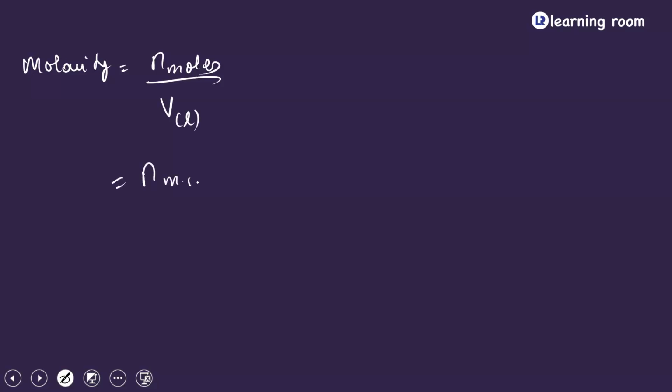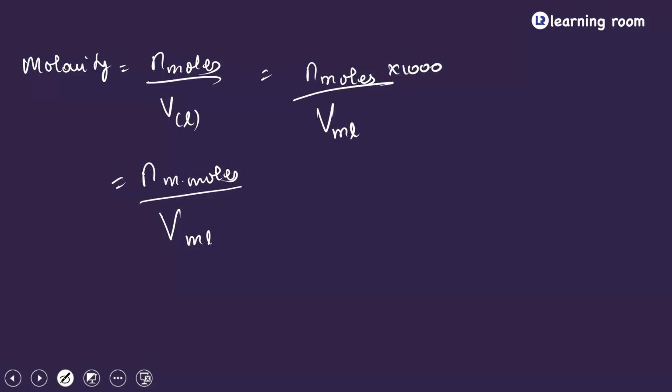Molarity is equal to number of moles by volume of solution in liters. This is the general formula. If number of moles is in millimoles then volume is also in milliliters, no conversion required. Or else, if moles is above and milliliter below, the numerator has to be multiplied by 1000. That clear?